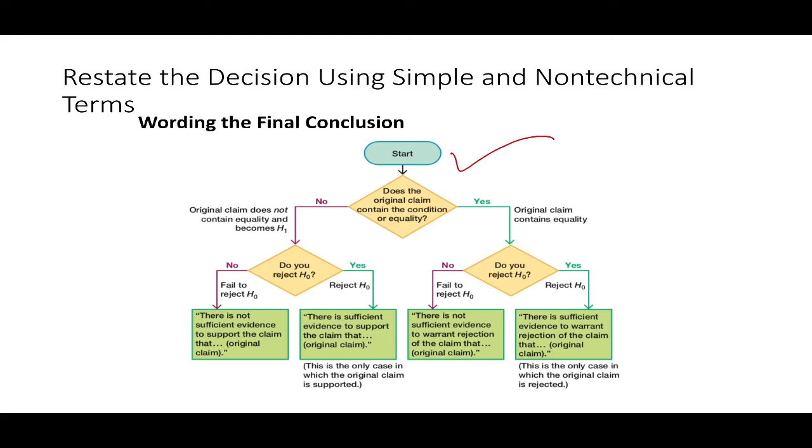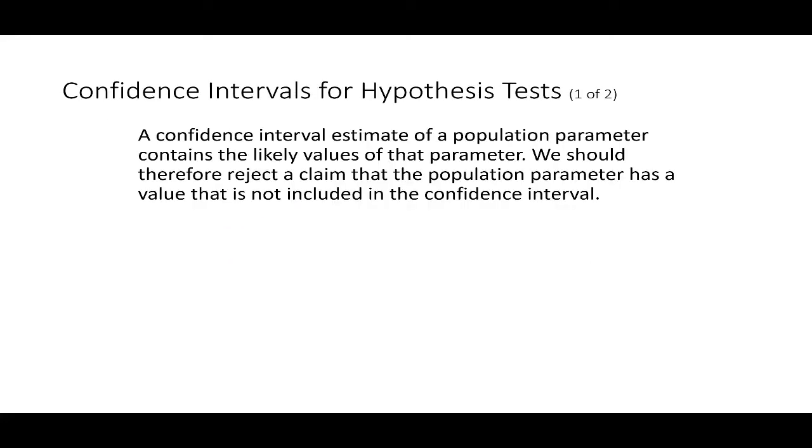Does the original claim contain the condition of equality? If yes, then do you reject the null hypothesis? If your answer is yes, this is your conclusion. If your answer is no, this is your conclusion. Does the original claim contain the condition of equality? If no, then there are two options and you go like that. I'm going to use this picture one more time when doing a problem or two. So just keep in mind, that's how we can conclude.